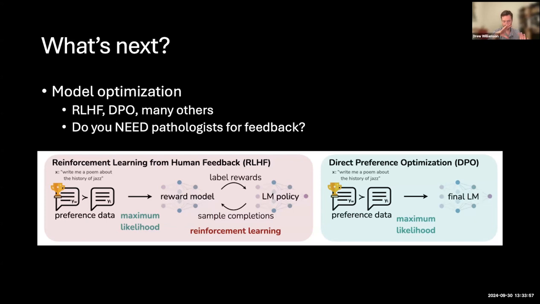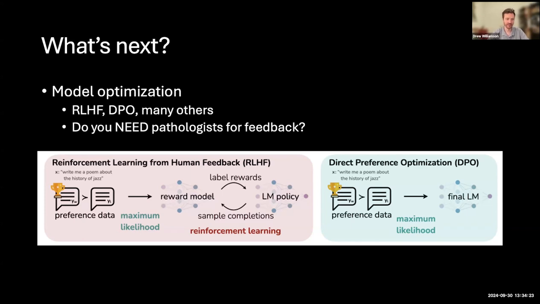So, if we want to make this model specific for pathologists and be a co-pilot for pathologists, I think the big open-ended question is, do we need pathologists to do this human feedback? It's been shown over and over that these sorts of things greatly improve how good the responses of these models are. If we have to have pathologists do that feedback, then that really reduces the number of people that can do this.